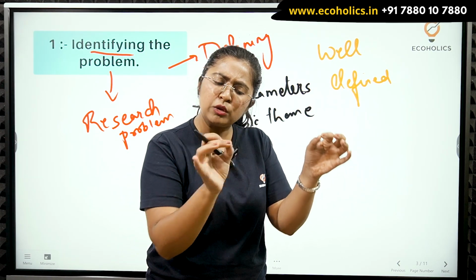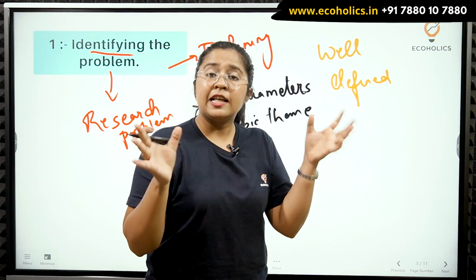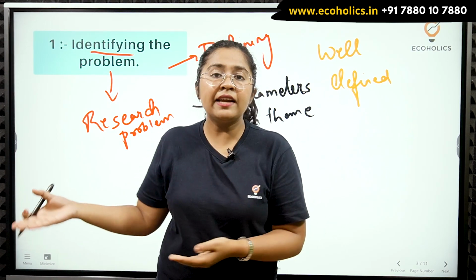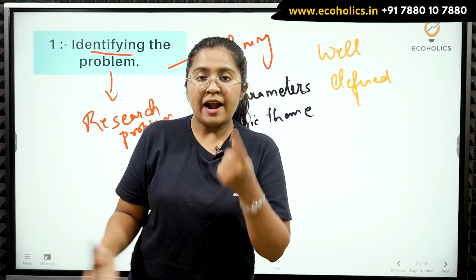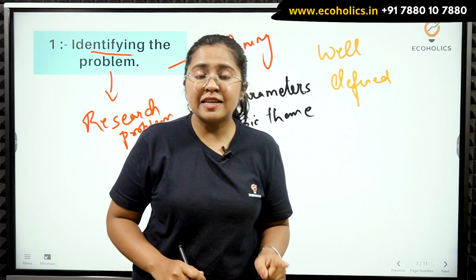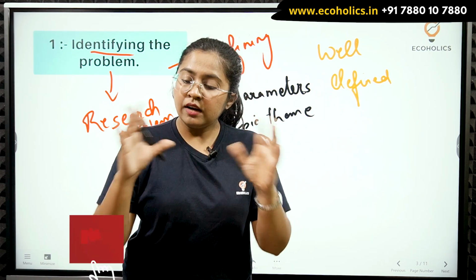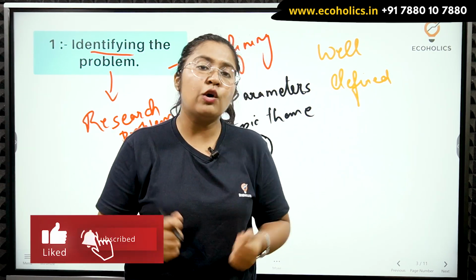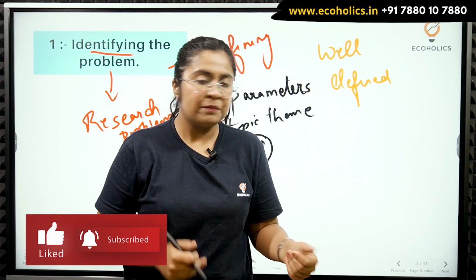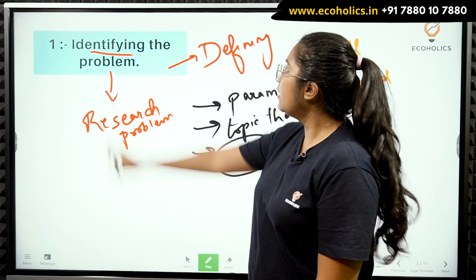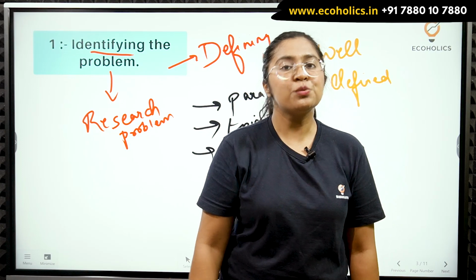It should have all those basic nitty-gritties that you are going to explain in the whole research process, and which is why it has to be well described, well defined, and should be very clear for the audience while they read it, right? So that becomes your identifying the research problem.